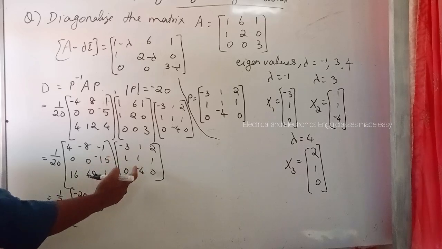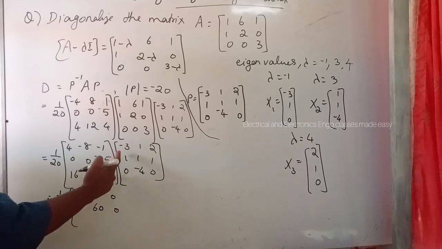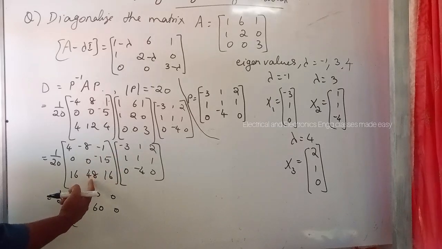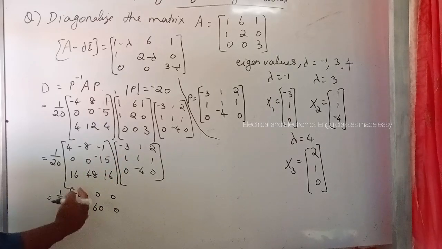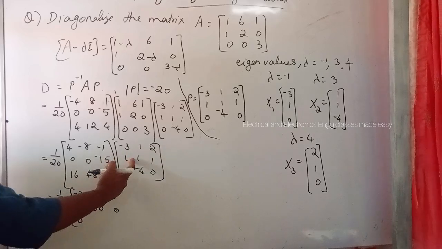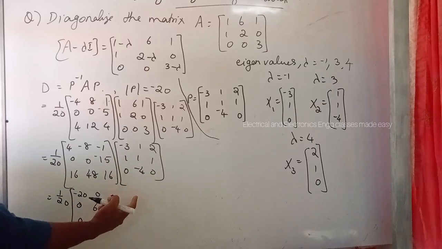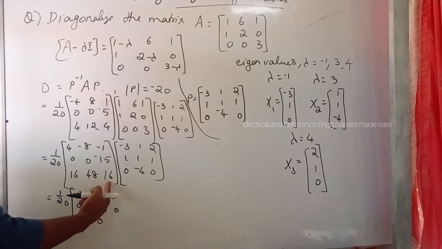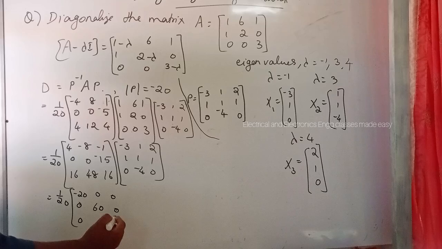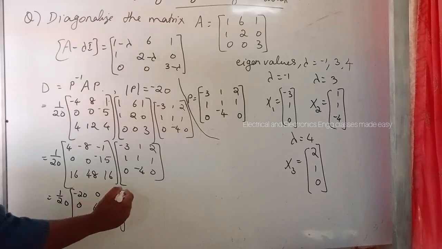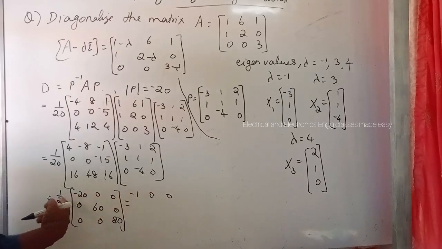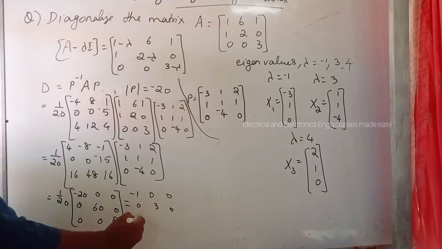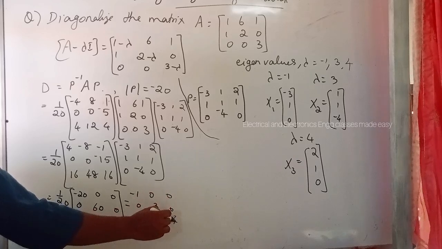Then 0, 0, 16 into minus 3, that is minus 48 plus 48, 0. 16, 48, 64, that is 0. 32 plus 48, then 0, 80. That is equal to minus 1, 0, 0 divided by 20, then 0, 3, 0, 0, 0, 4.